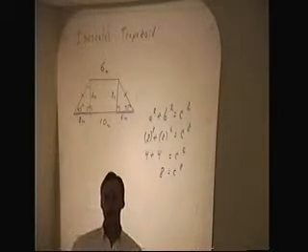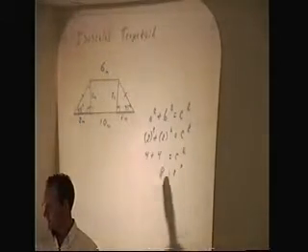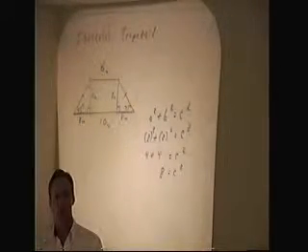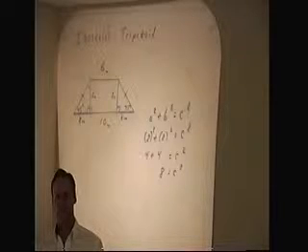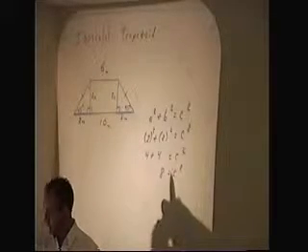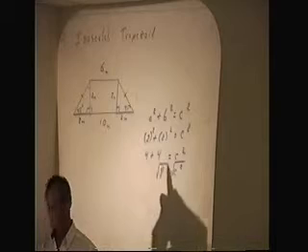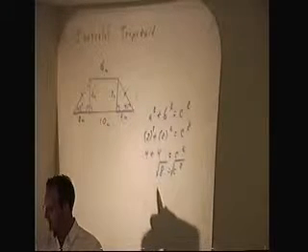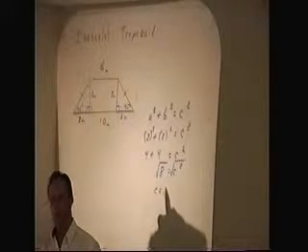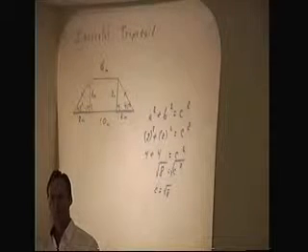Is C equal to 8? Is this 8 right here? C squared is 8. What do I do? How do you find C if you know what C squared is? Square root. Got to take the square root of both sides. That means that C is exactly equal to the square root of 8 meters long.